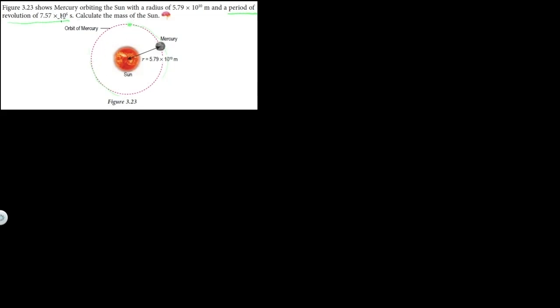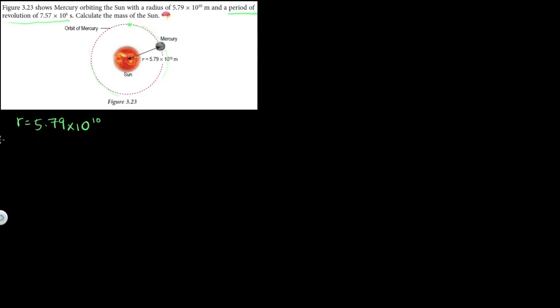So the time taken is 7.57 times 10 to the power of 6. You may take the information first. We have radius r equals 5.79 times 10 to the power of 10. In this kind of question, you don't need to sketch because the diagram is already given, so you can just try to understand the story behind the question.